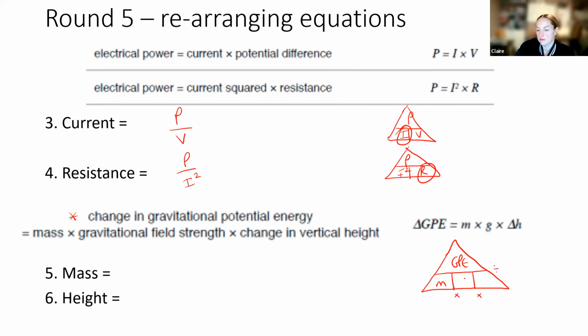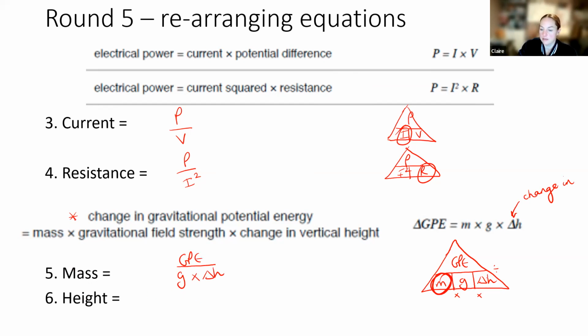Then you've got mass times gravity times your change in height. That symbol there just means change in whatever it is. Okay, so here I want mass, so I just cover up the mass. So therefore it will still be GPE divided by, and it'll be gravity times by change in height. Okay, so well done those that got that.